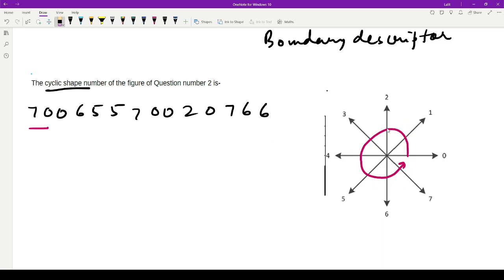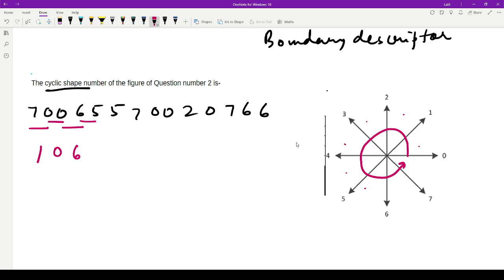Given this specific diagram that we have, we can quickly sort it out. So we have 7, 0 out here, right? Going from 7 to 0 gives us a difference of 1. 0 to 0, the difference is 0. 0 to 6, difference is 6: 1, 2, 3, 4, 5, 6, right?